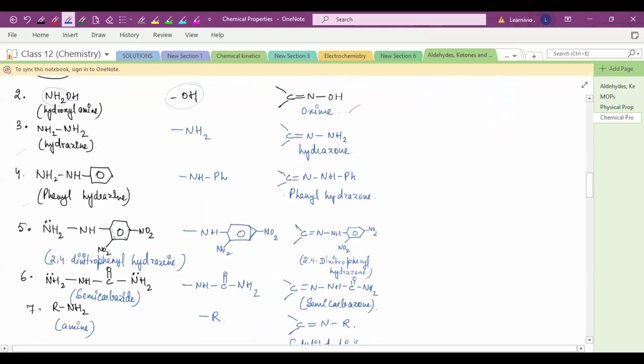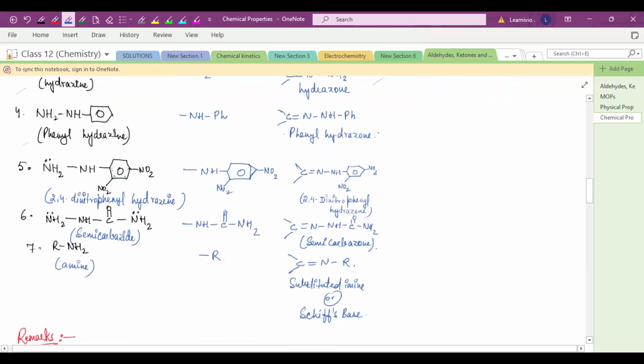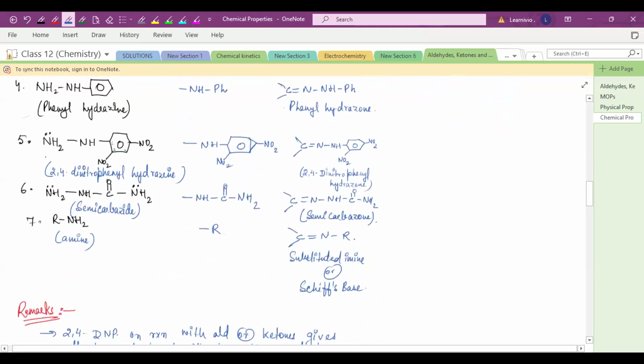The hydrazine we have already discussed. Phenyl hydrazine we also discussed. Now see this structure, the fifth one. What is the name of this structure? You should know it first. This is hydrazine, NH2NH2.